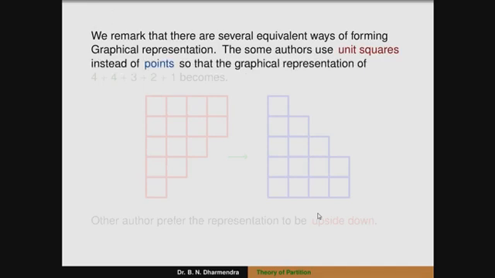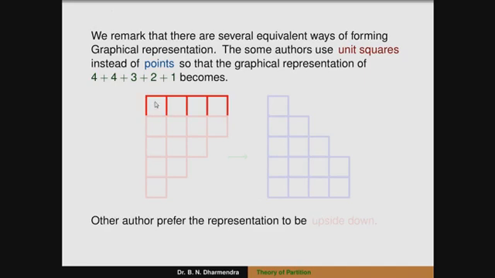So the graphical representation of 14, that is 4 plus 4 plus 3 plus 2 plus 1, in terms of unit squares is: the first row 1, 2, 3, 4, again 1, 2, 3, 4, then 1, 2, 3, then 1, 2, then 1. So in terms of unit squares it is referred to like this.